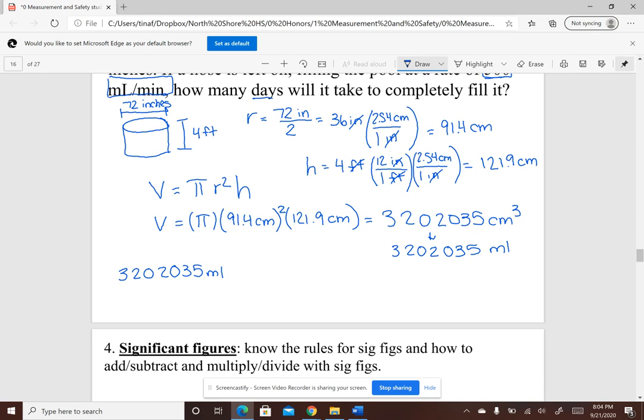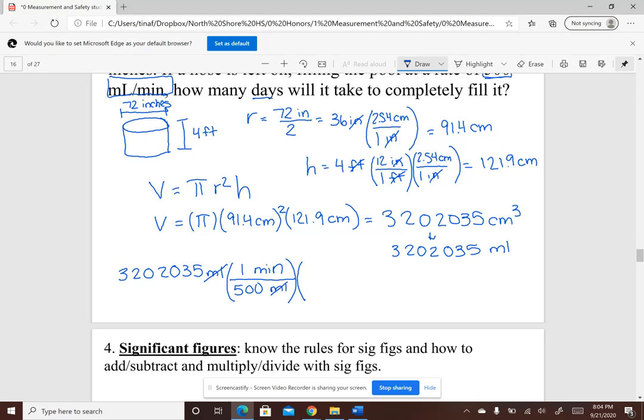And I know that in 1 minute, I can fill 500 milliliters. So I want to put the milliliters on the bottom because I want them to cancel out with the milliliters on the top. Okay. Anytime they give you a conversion factor in a question, you can write it upside down if you need to. Okay.